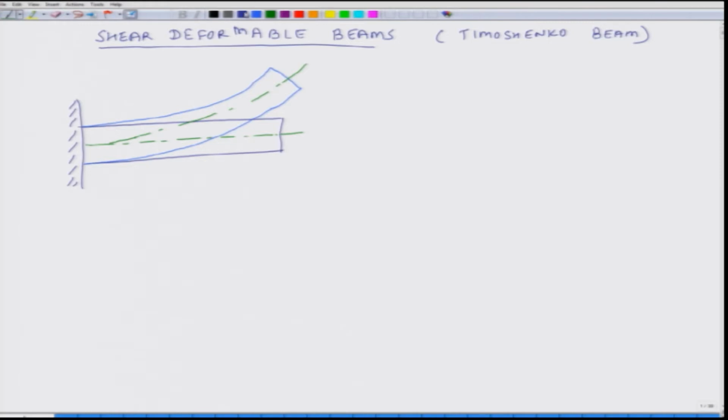Now, this beam which I have depicted here is known as the Euler Bernoulli beam.